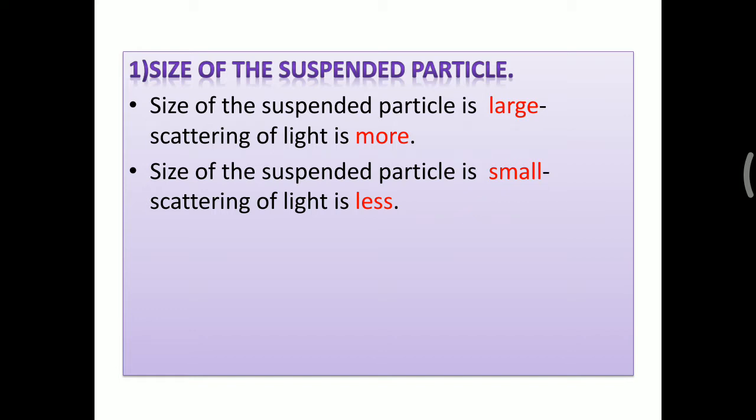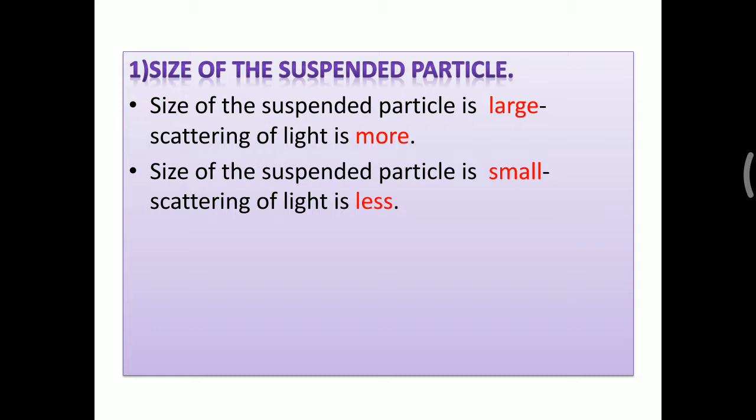You know that our atmosphere consists of a heterogeneous mixture of particles. So the size of the particles varies from one particle to another particle. If the size of the suspended particle is large, the scattering of light is more.